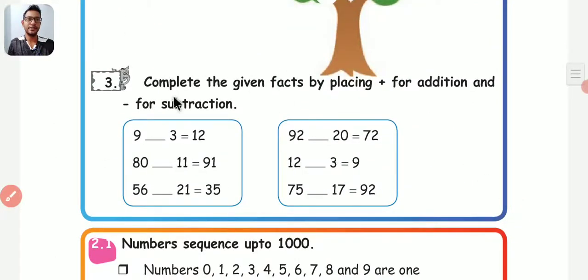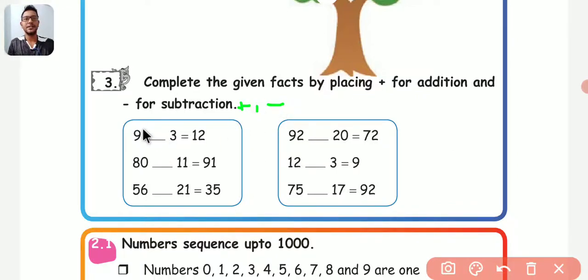Complete the given facts by placing plus for addition and minus for subtraction. Here we have to put a plus symbol or minus symbol in the blanks, in the dashes. So 9, 3, here we have 12.